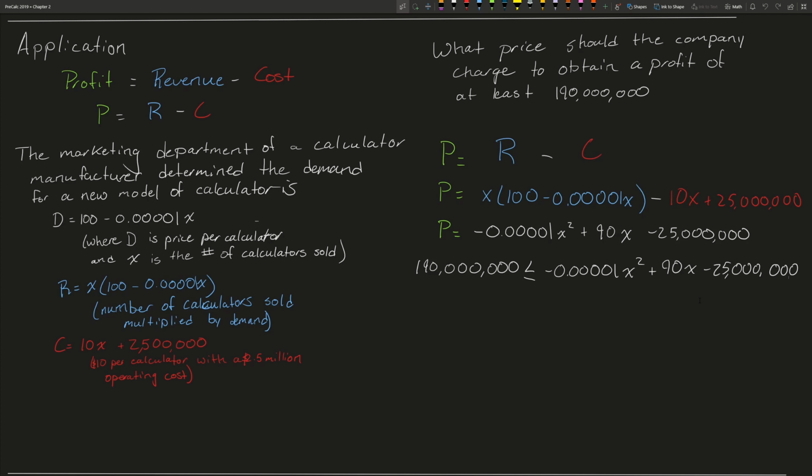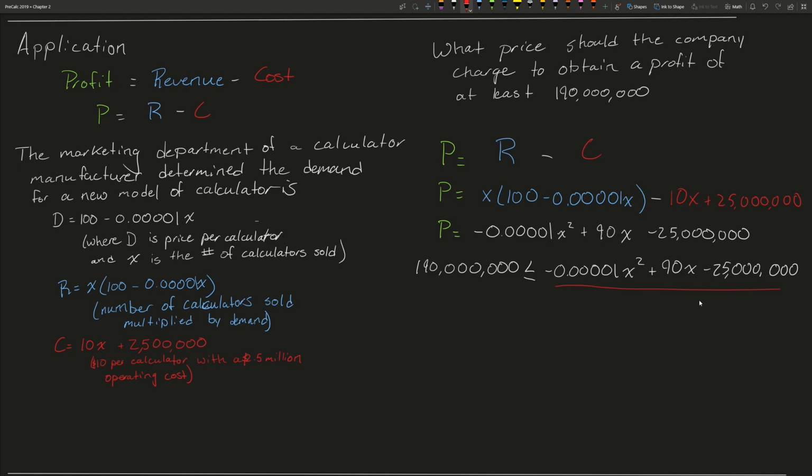This simplifies to a quadratic. Then we would substitute our minimum profit value and say that 190 million is less than or equal to this quadratic. Just like any of the problems we just did above, we would first find the zeros of this equation, split the x-axis into different intervals, and then test the intervals.